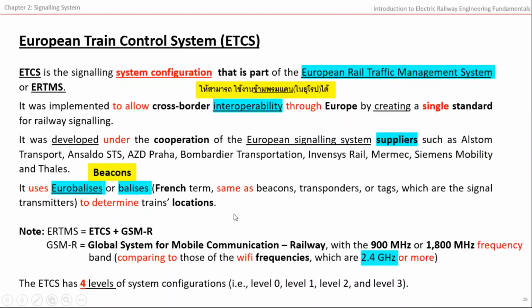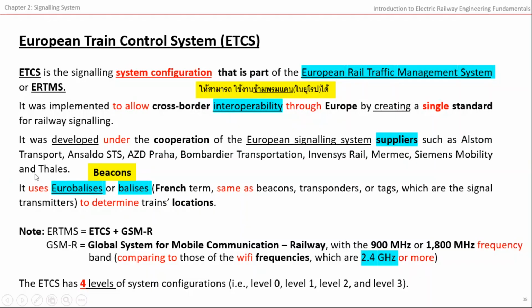And as I said, ETCS is a part of ERTMS. So another part of ERTMS is GSM-R, which is a means to transmit the data.